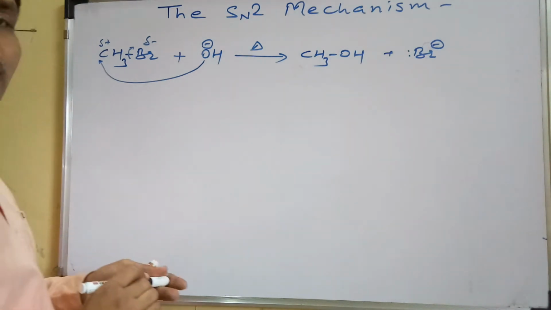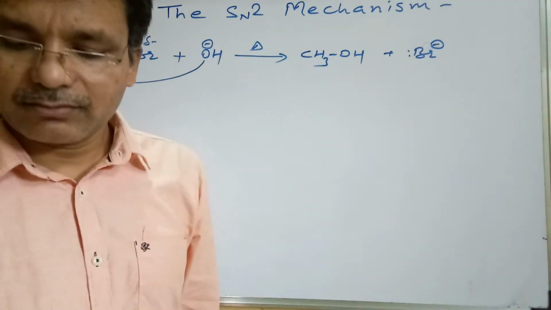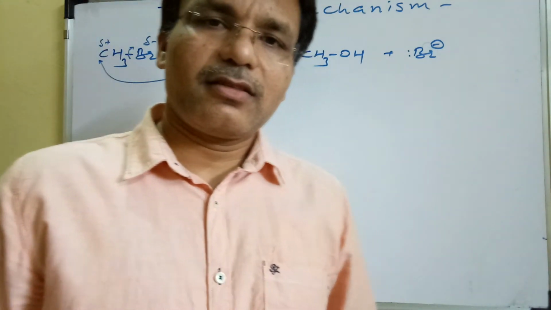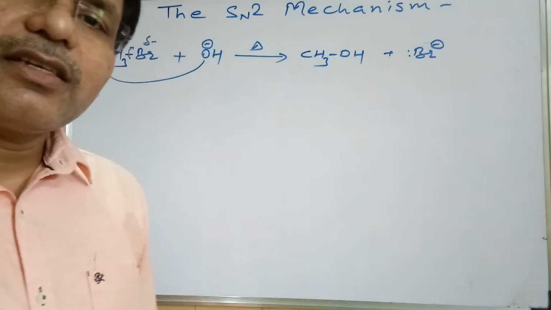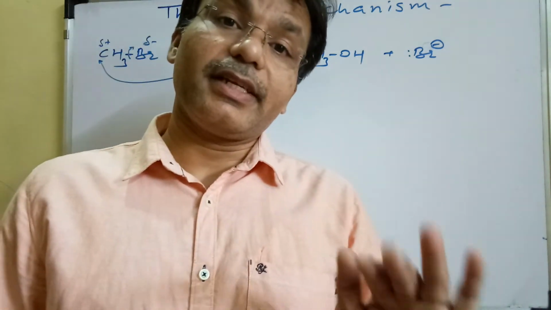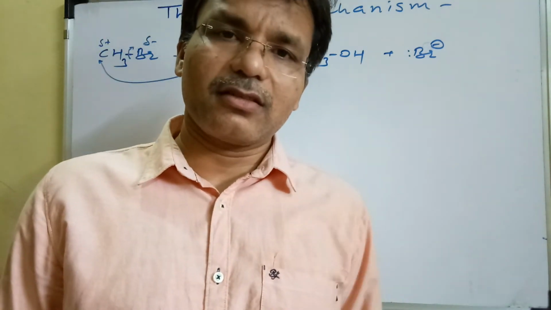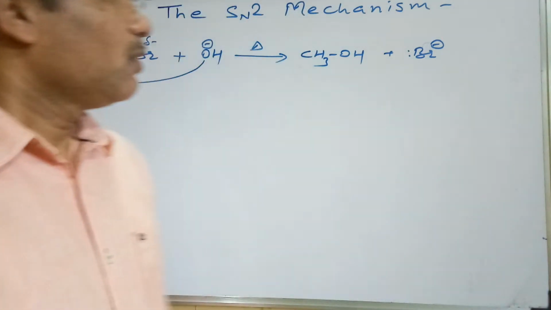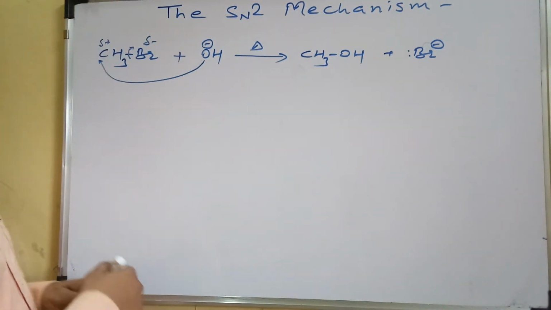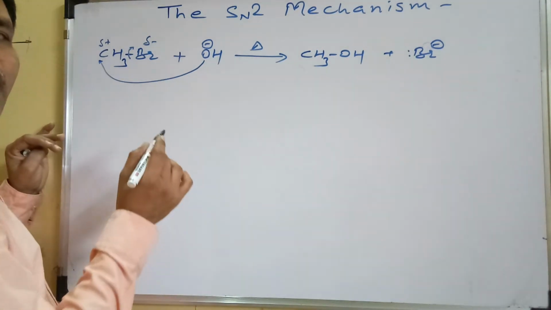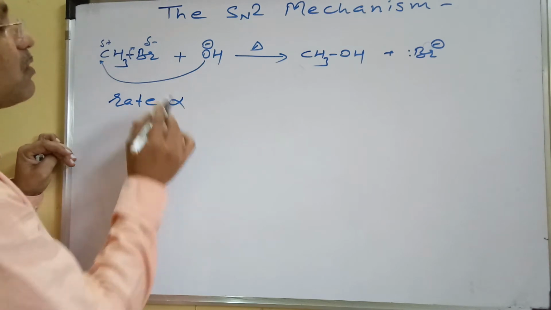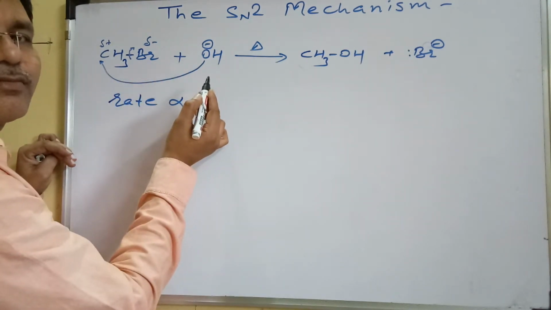See, during the study of any mechanism, it is essential to study chemical kinetics, because chemical kinetics gives an idea about the rate, speed or velocity of the reaction. The chemical kinetics of this reaction indicates that the rate depends on the concentration of both reactants.